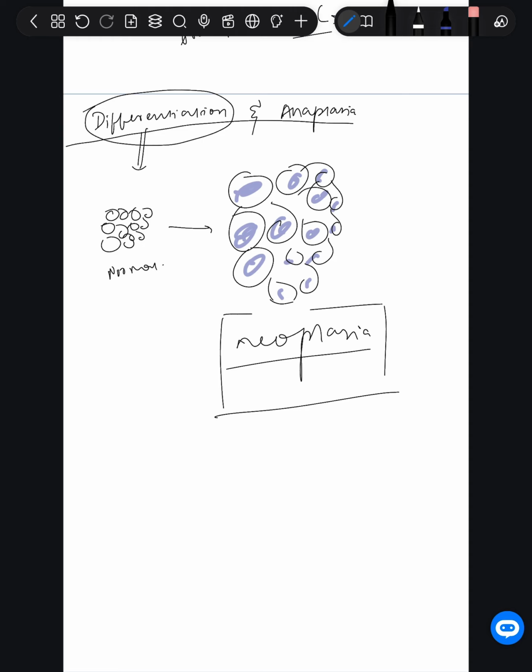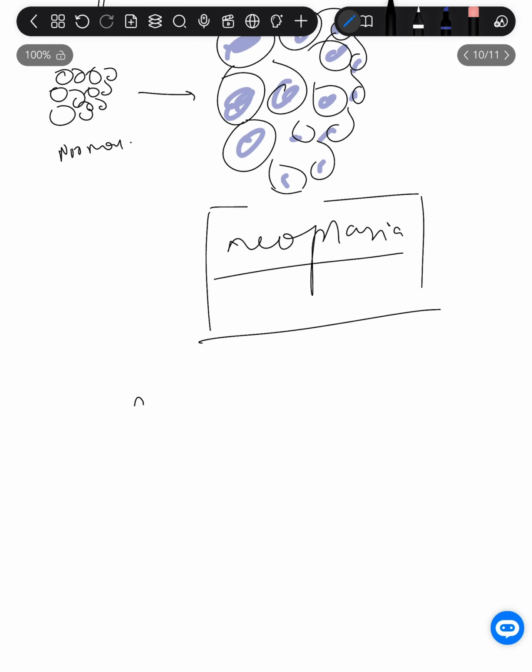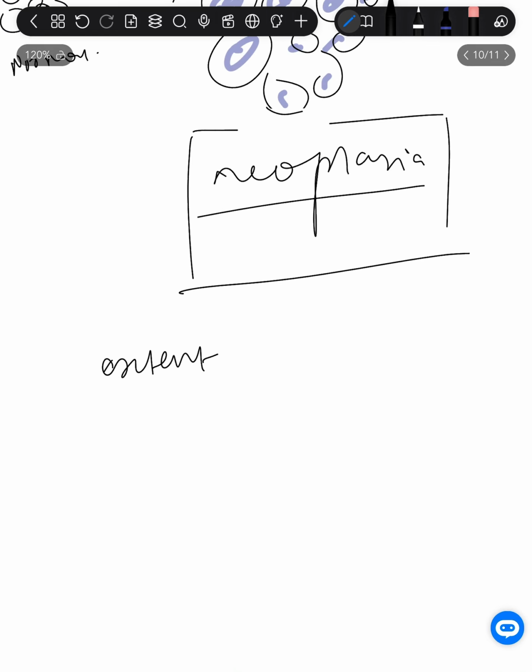Okay, what exactly is differentiation? So differentiation actually means the extent. Remember, please write it with me, otherwise you will not understand this.